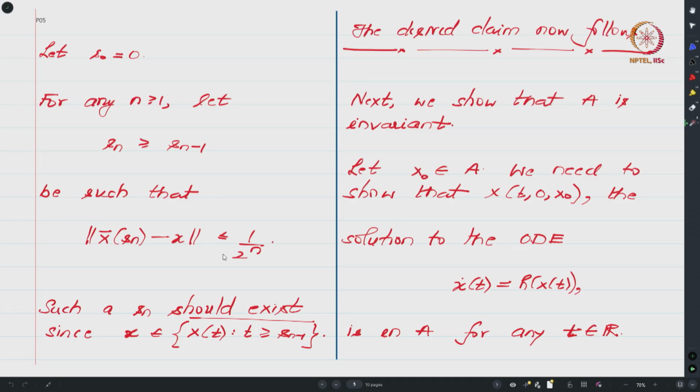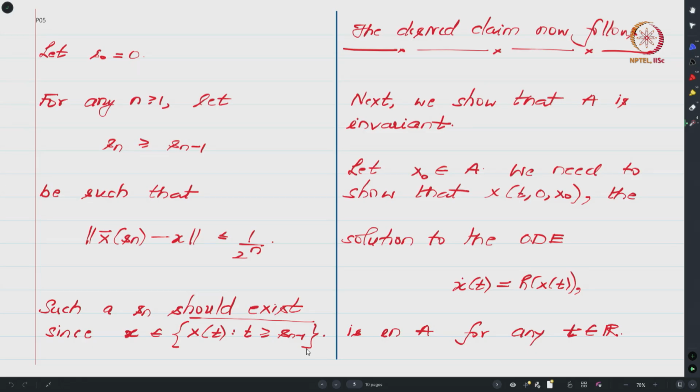Why would such an x bar Sn exist? Recall that x lies in this closed set. Because it lies in this closed set, I can find a point in this set which is close to x to arbitrary distance. In this case we want a point within 1 over 2 raised to n, and such a point should indeed exist because this is a closed set.